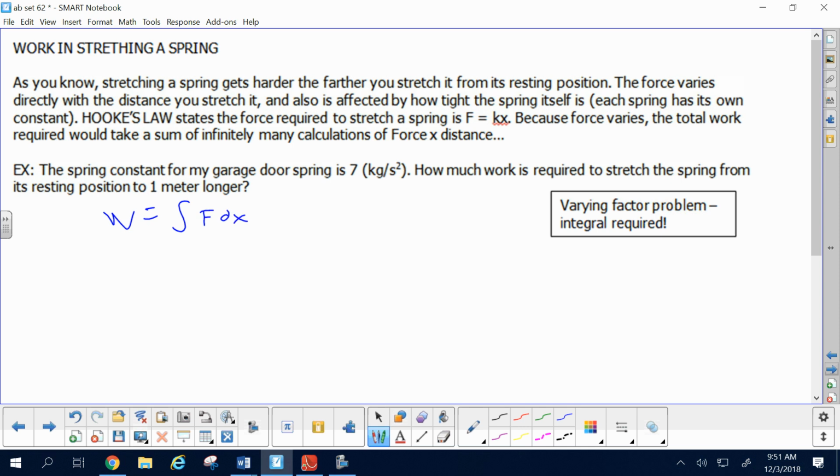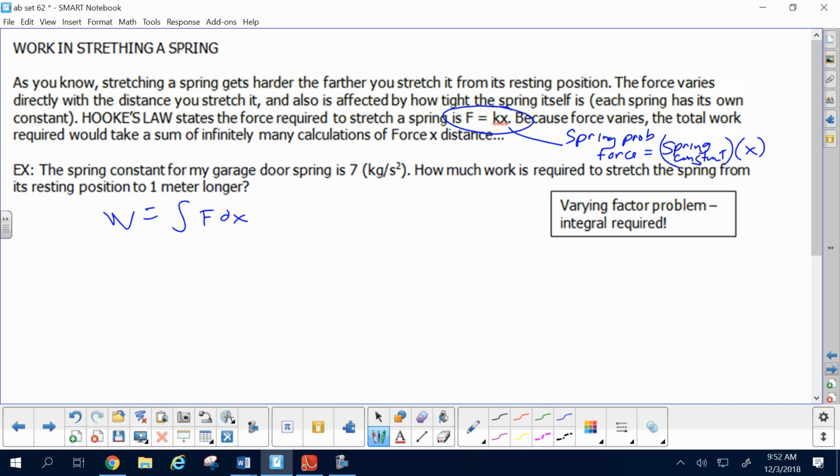is going to have to be the accumulation of many force problems because the force will change as you get further and further away. Now they will always give you the spring constant. For a spring problem, force equals some spring constant k times the x at which you're at when you're pulling, okay?